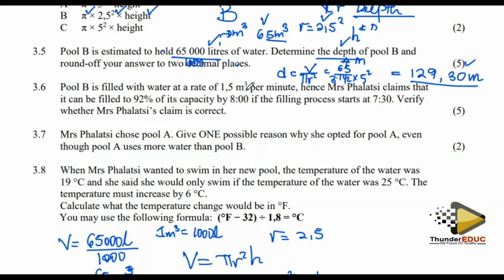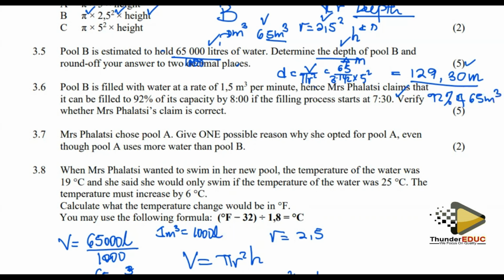If the filling process starts at 7:30, verify whether by 8 the pool is at 92% full. So you need to look for 92% of its capacity. Remember, the capacity of pool B is 65 meters cubed.